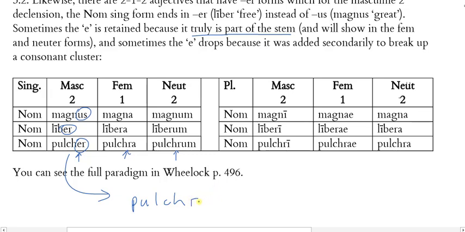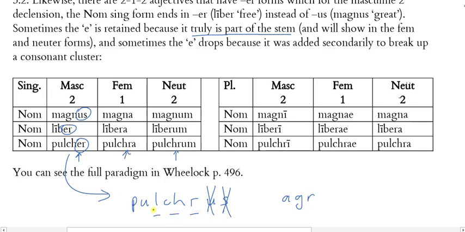Pulcher was actually the real stem, like with ager is the real stem. Okay? Now, this should have ended, well, originally with us, okay, but that O weakens. So it should have been us. But remember, sometimes the S of the nominative singular case ending is not used, and then in this situation, the stem vowel was also lost, and so I'm left with three consonant sounds: L, the CH, K, and then the R, right?